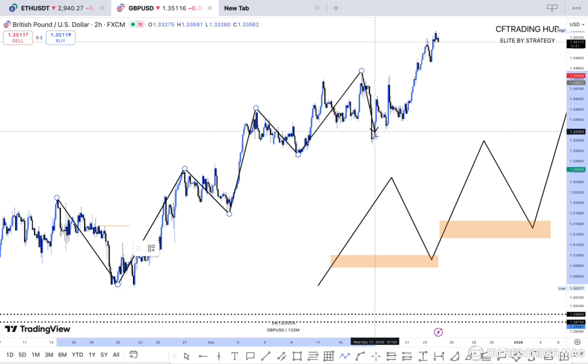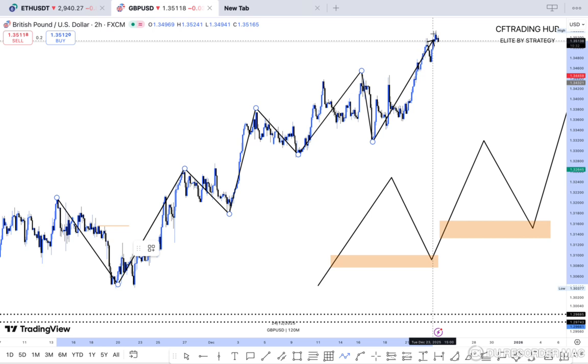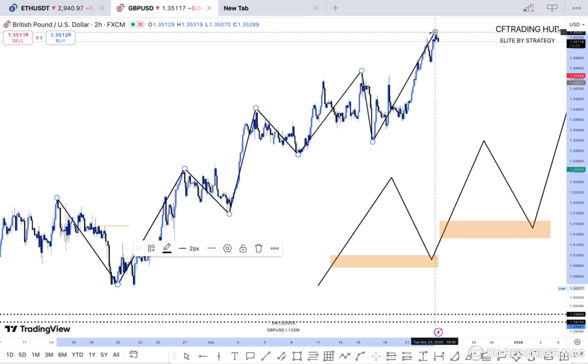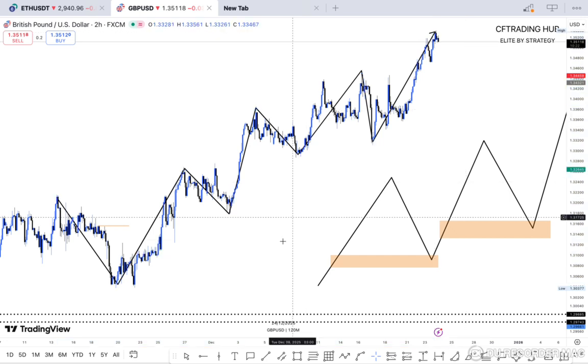Like I always say, you have to be very good with the way you mark out your structure, because there is a lot of noise. Afterwards, you want to pick your swing points, your swing highs and swing lows. That's where you want to pick. So yeah, this is it. Now let's mark out another order block over here.